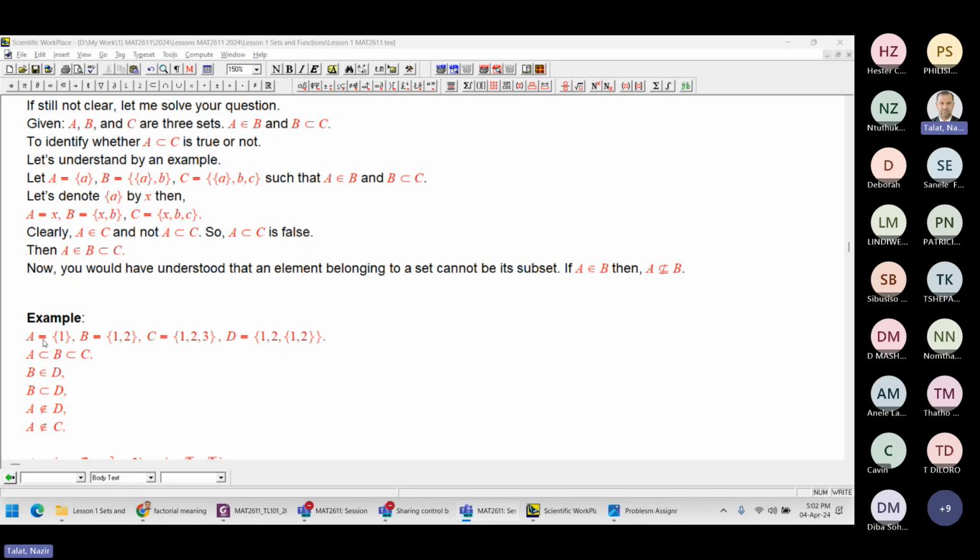Yes, A is a subset of D as well, because A contains one element, a class, and B is a bigger class which has other elements that are also in D. So we conclude that A is also a proper subset of D. Note that A contains only one element, D contains three elements, and the element of A is also an element of D.